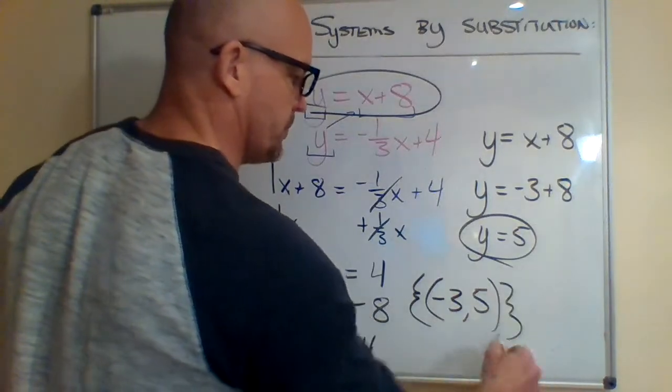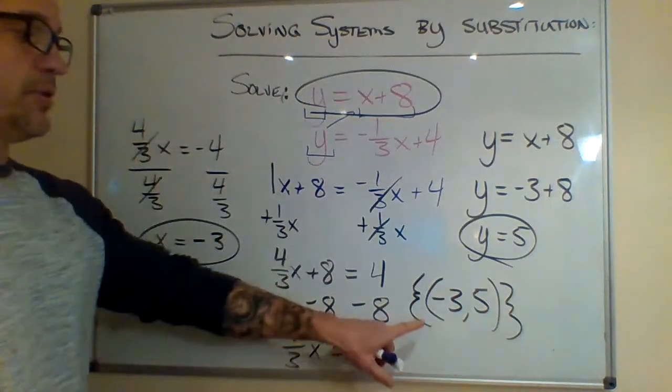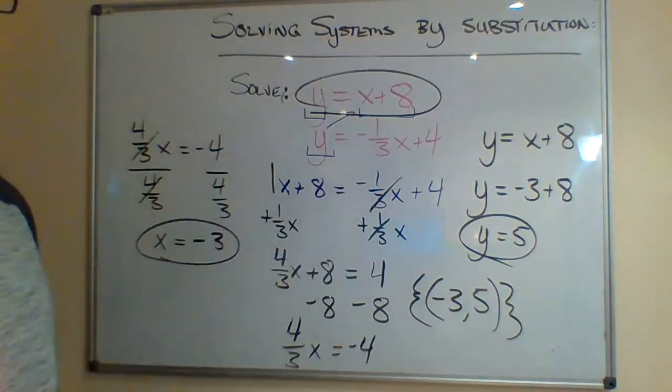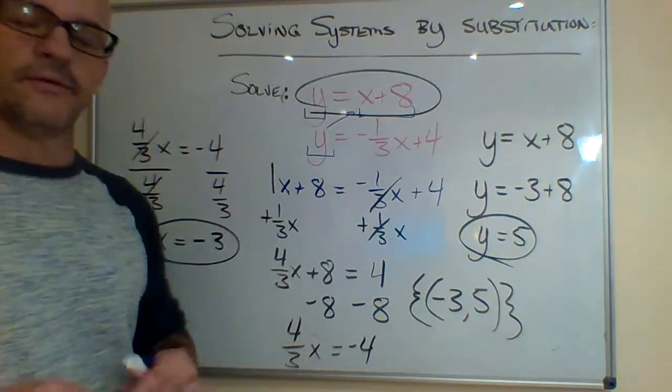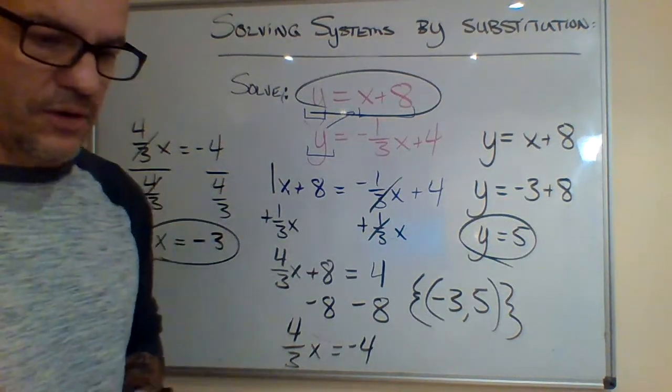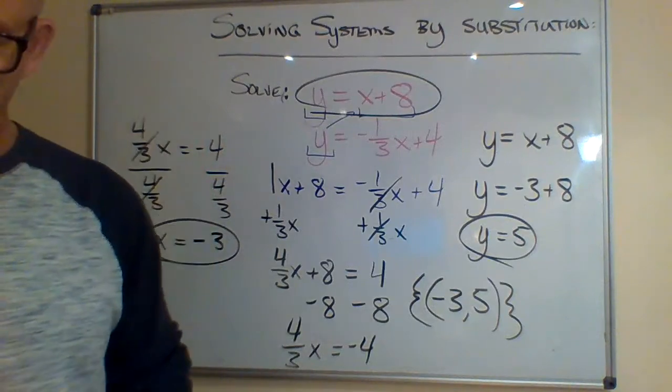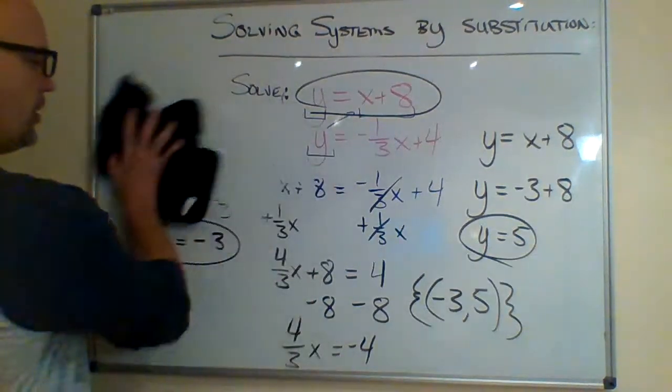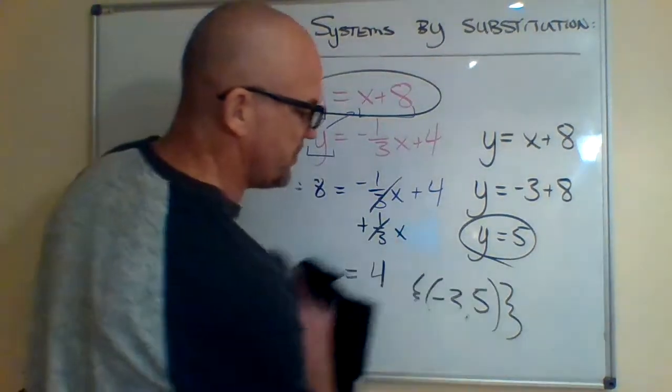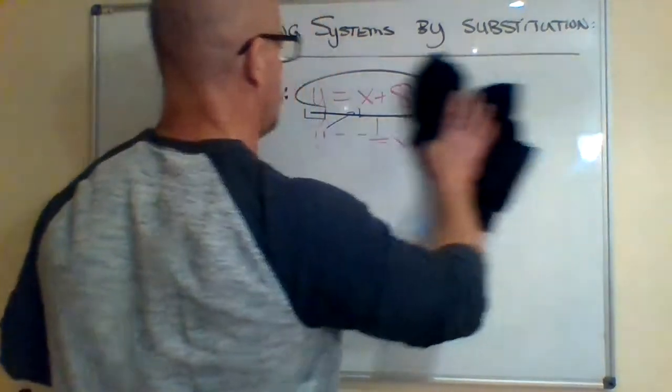And I'm done. Again, you can verify that by putting that into both equations and make sure that it works. And if it works in both, you are correct. Now I'm going to put one up, and we're going to have you pause the video and give it a shot.